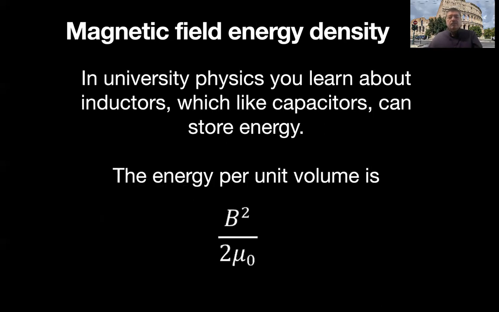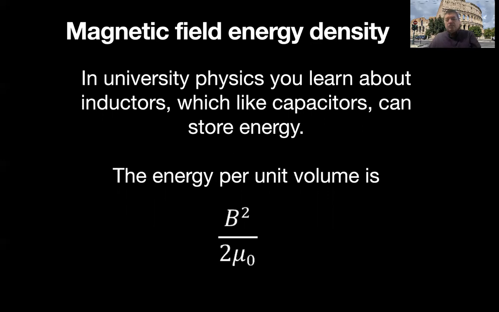Now, in university physics, you'll learn about inductors, which, like capacitors, can store energy. That's usually where discussion of magnetic field energy stops: there's a density of energy, the energy per unit volume. If B is the magnetic field in MKS units in Tesla, then it's B squared over 2 mu naught.